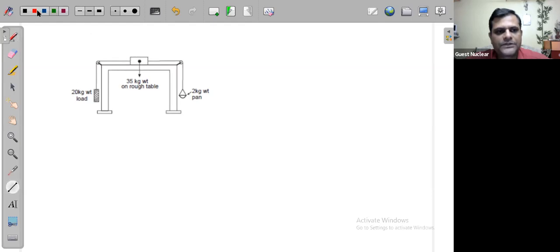So the first force acting on this body will be actually in this direction, which is due to this 20 kilogram weight load attached to it, which will be actually 20 g, no doubt. तो ये 20 times of g इतना फोर्स उसके ऊपर काम करेगा इस तरफ. चलो ठीक है. अभी दूसरा, इस तरफ हम मैक्सिमम फोर्स यहाँ पे डालने वाले हैं. इस पैन के अंदर मैक्सिमम फोर्स इतना डालने वाले हैं जो कि वो स्लाइड ना करे.